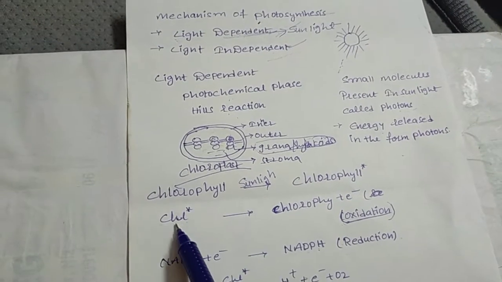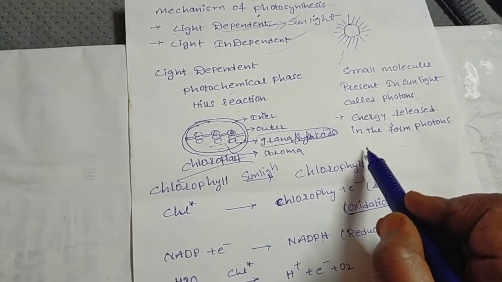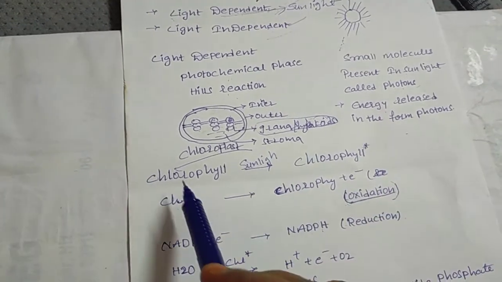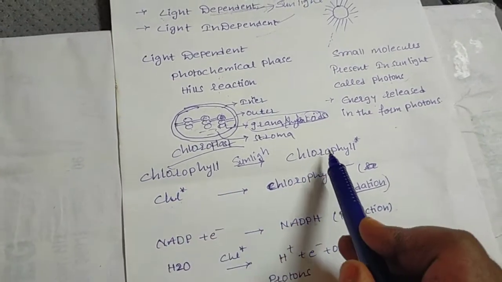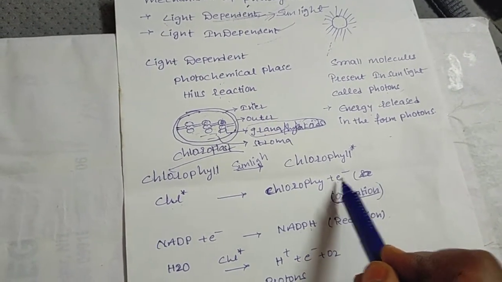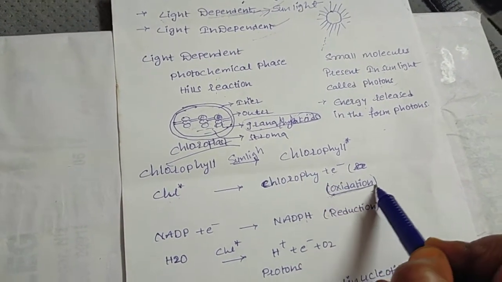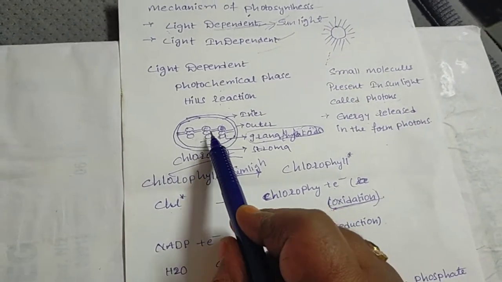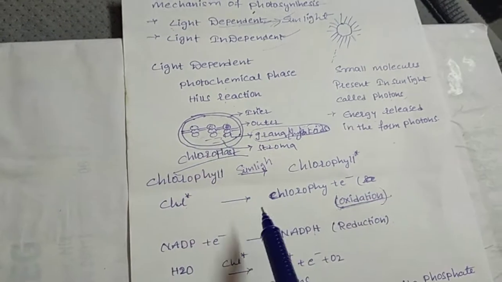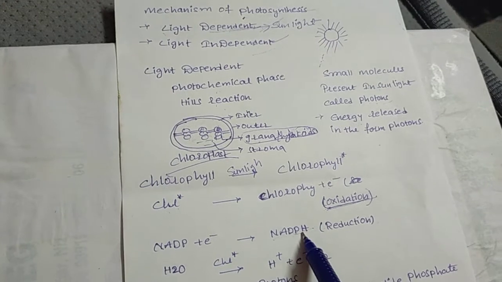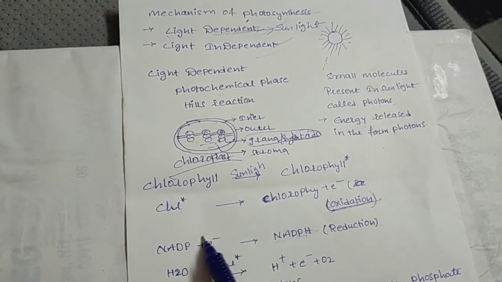Here I put a star mark: this is activated chlorophyll, this is normal chlorophyll. The activated chlorophyll loses one electron; the process of losing electron is called oxidation. The chemical compound NADP present in the grana thylakoid receives one electron and forms NADPH. The process of receiving electron is called reduction.